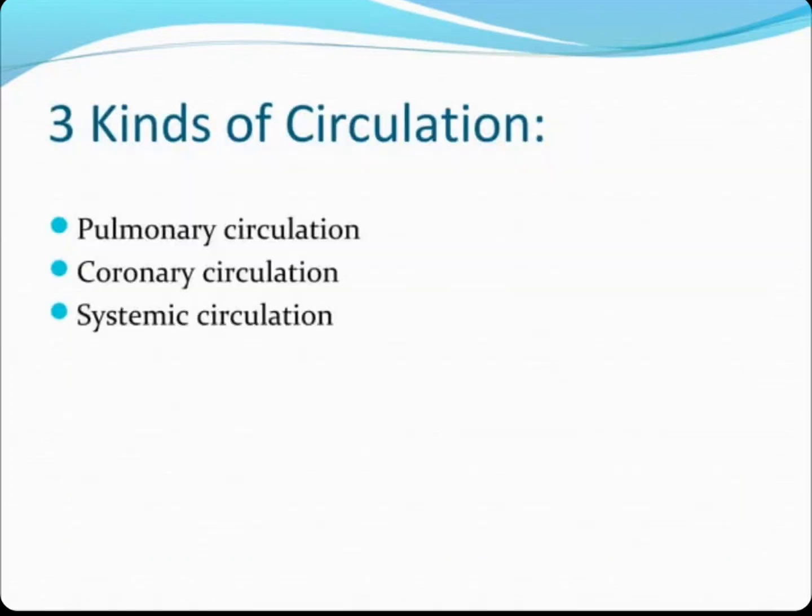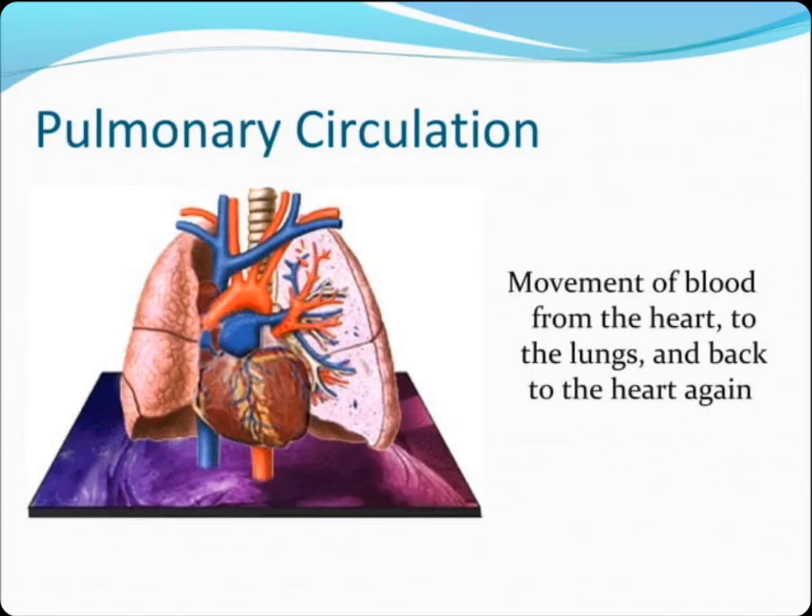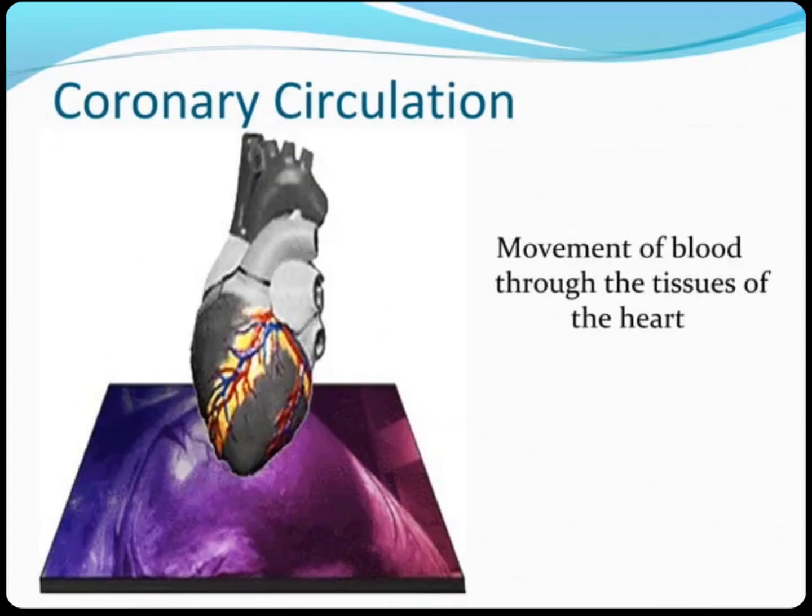And we also have three kinds of circulation: the pulmonary circulation, the coronary circulation, and the systemic circulation. The pulmonary circulation is the movement of blood from the heart to the lungs and back to the heart again, while the coronary circulation is the movement of blood through the tissues of the heart.